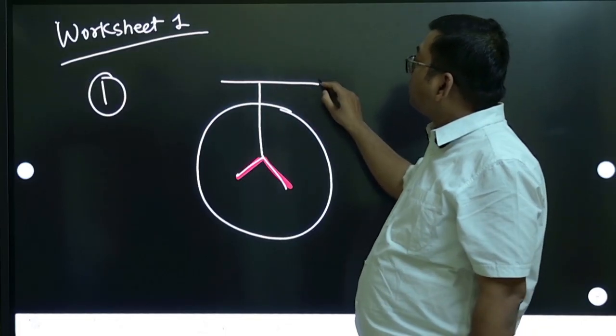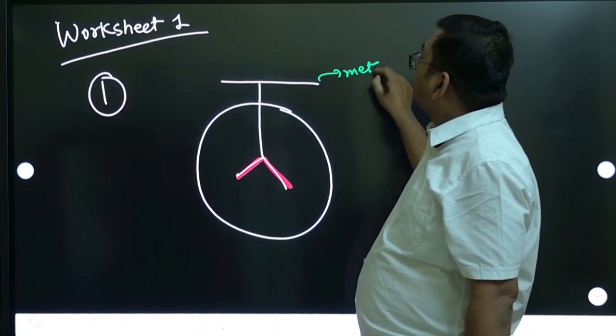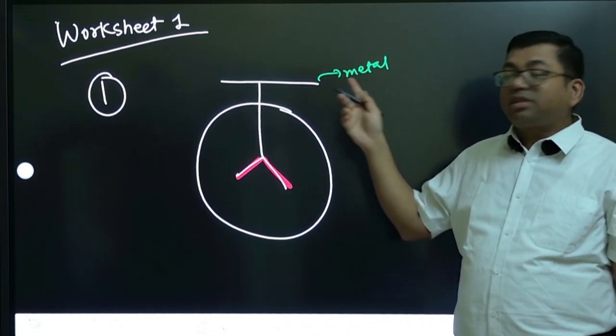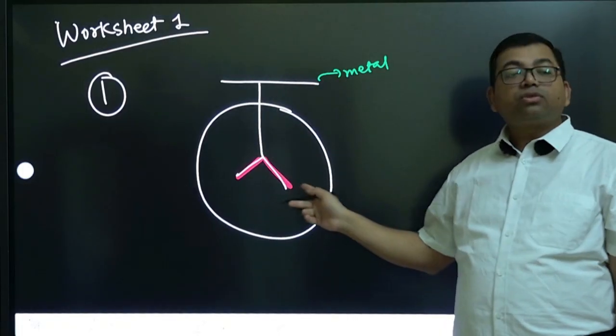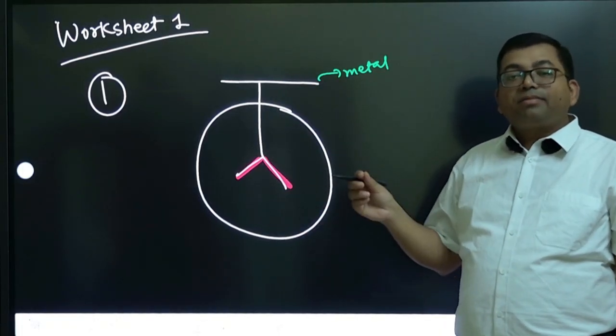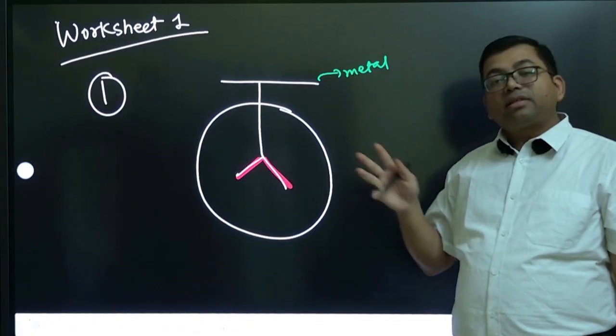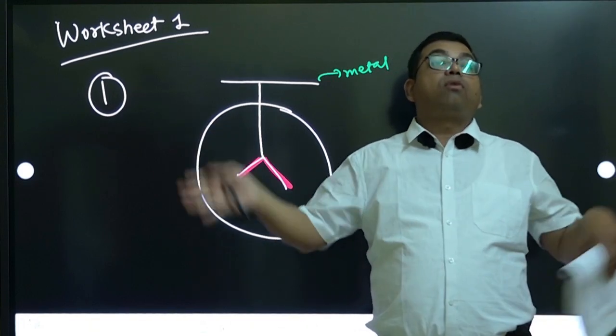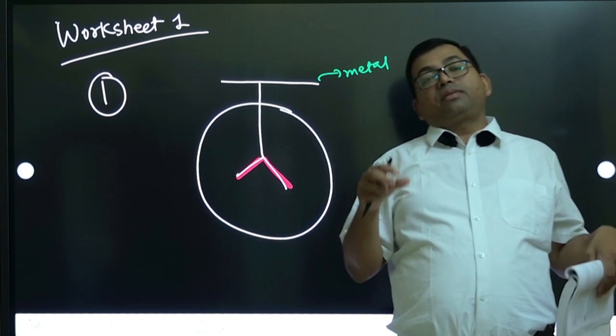This is a metal part. So any charged object you touch with this metal, the charge will transfer to this metal and go to these two plates. And if they have charges, both these plates will get the same charge and they will get separated. Some angle will form between them. So that means it is charged.